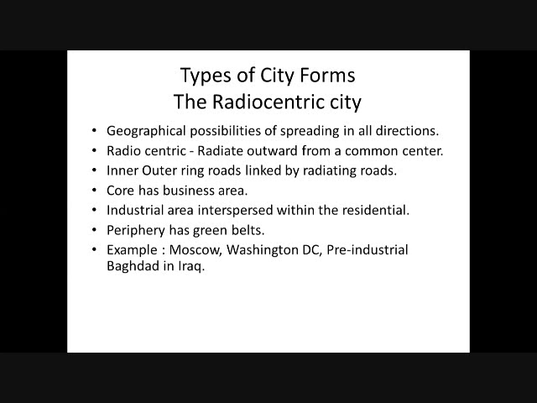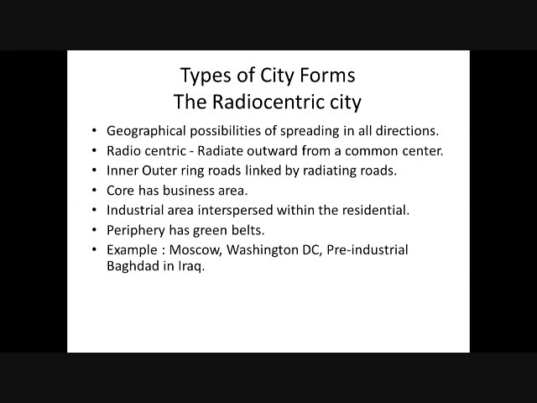So this, of course, depends on the geography, if it's possible or not. If the type of land is appropriate for this spreading in all directions or not, or if it's limited by some natural elements like a sea or a mountain or a river or something, then it will confine that and will not make that possible.